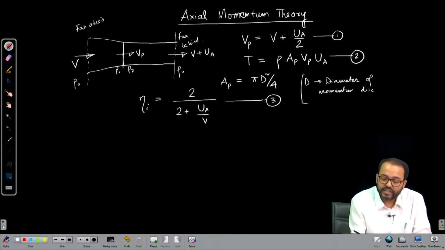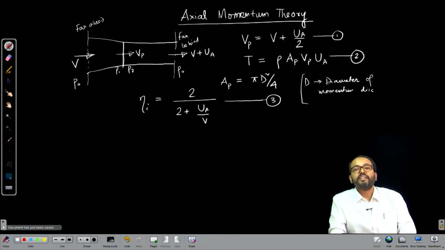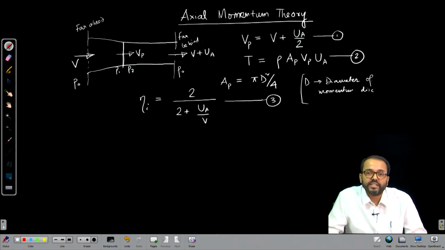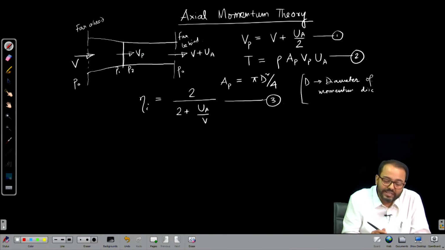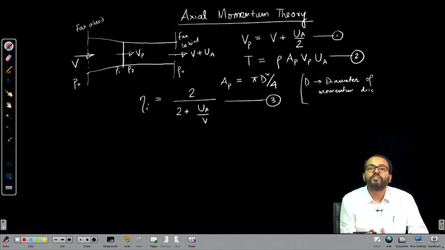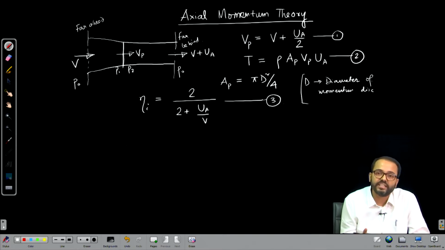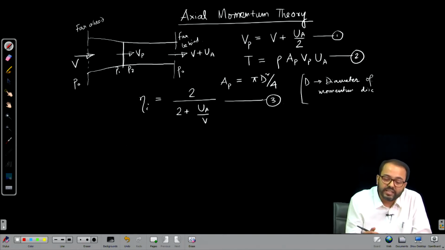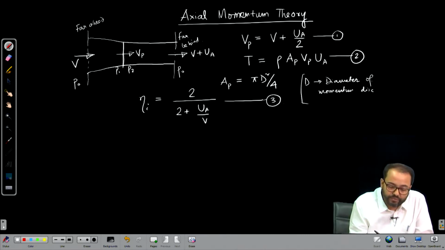Next, we will define the term thrust loading coefficient in the context of the axial momentum theory. So, this coefficient is basically non-dimensionalizing the thrust generated by the disc with respect to the parameter half rho A into V square.